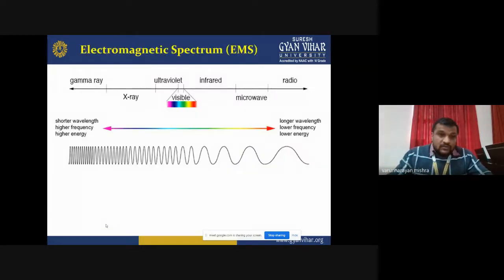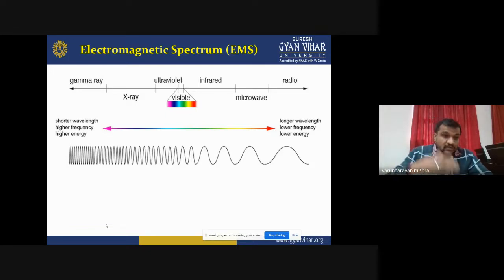Okay, so this is the way we can see the spectrum. The electromagnetic spectrum is an arrangement of different wavelength intervals. It starts from gamma rays, X-rays, then ultraviolet, the visible portion which we see through our eyes, then infrared, microwave, and radio waves. The entire wavelength range is arranged from shorter wavelengths to longer wavelengths.